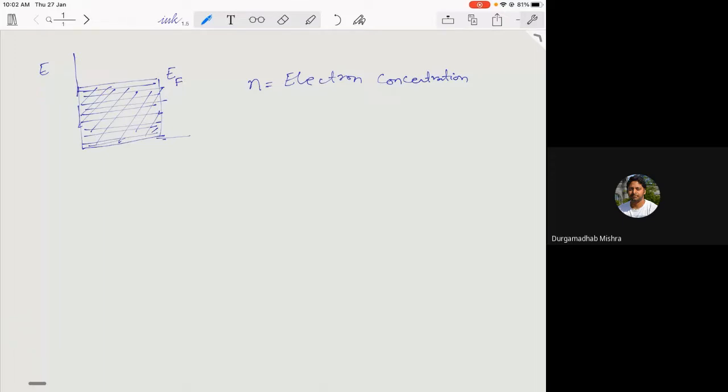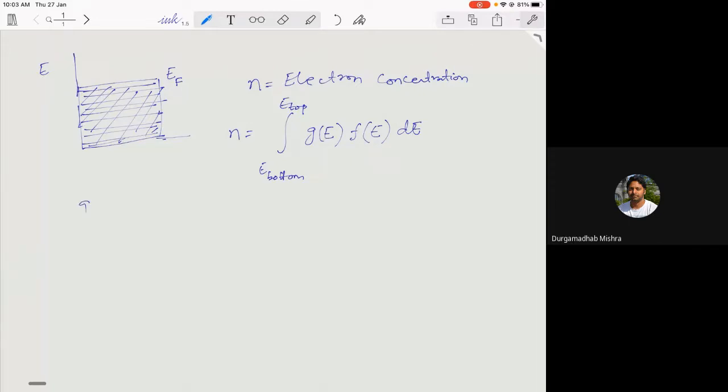What you need to do is take the density of states and the electron probability distribution, F of E, and integrate it from the bottom to the top of the band. If you do this integration, you will get the number of electrons per unit volume, or your electron concentration, within the band.